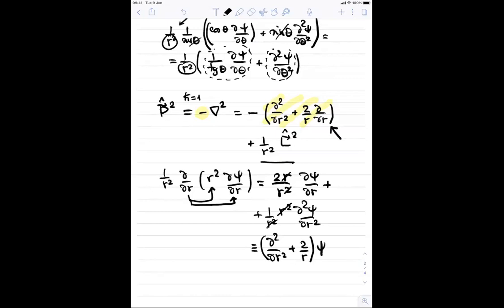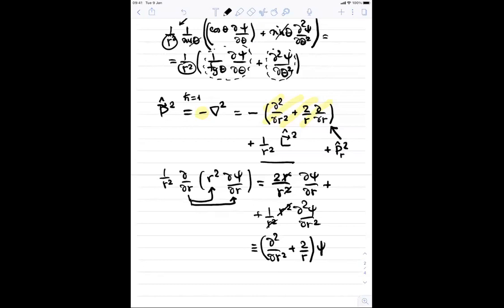Good. In fact, there are many ways of writing the subject, and in the notes you will find a further way. You can write it as plus an appropriate radial momentum square. Never mind for that.